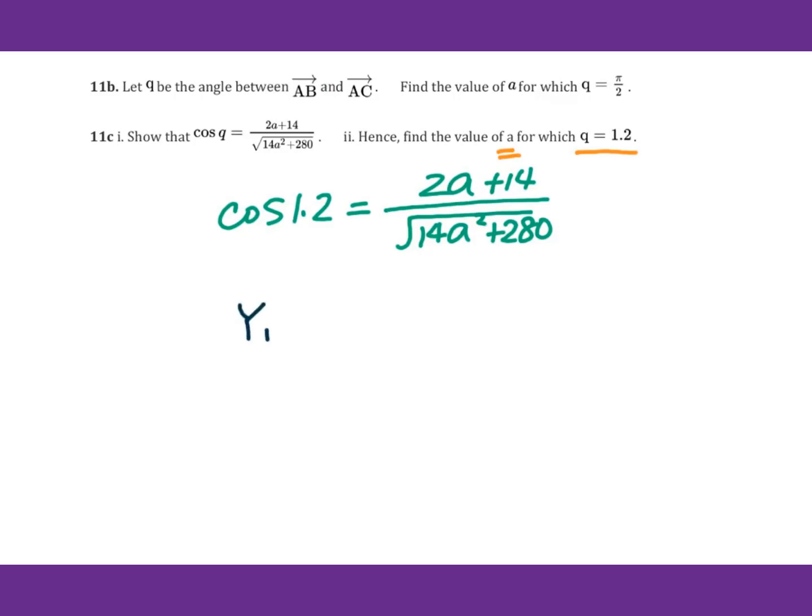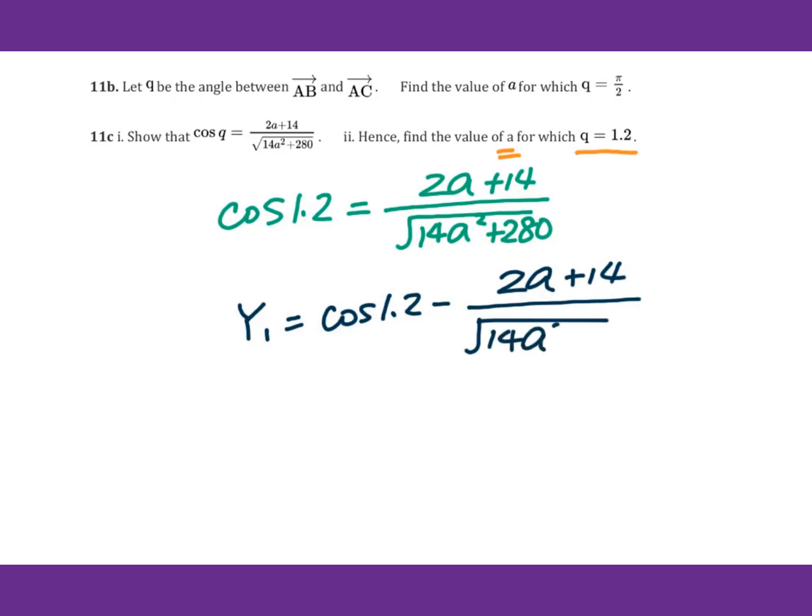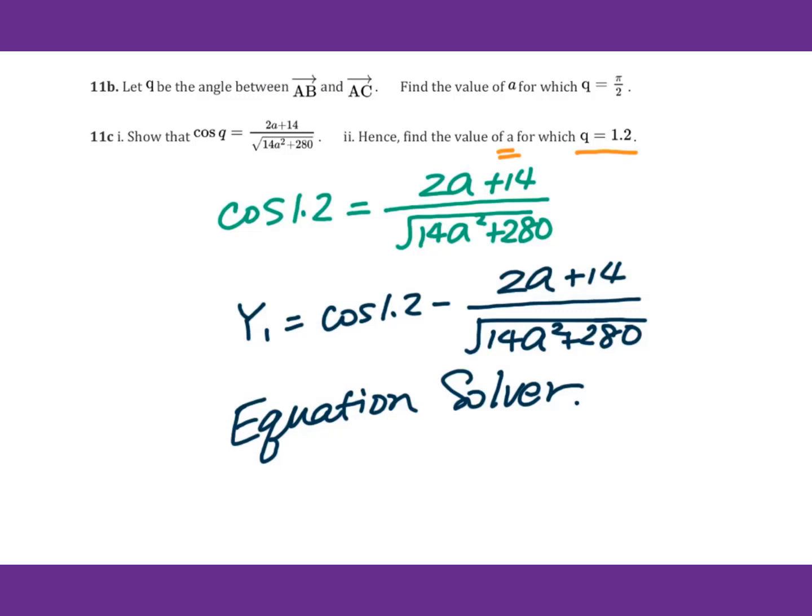So put Y1 equals cosine 1.2 minus 2A plus 14 over square root of 14A squared plus 280. When you plug into the calculator, make sure A changes into X. Then you have to use the equation solver. You will get the answer A equals negative 3.25.